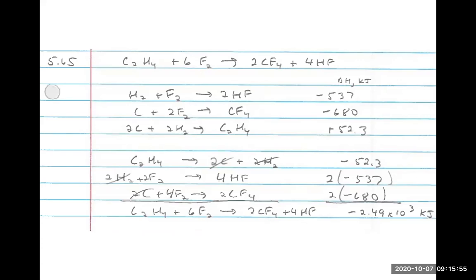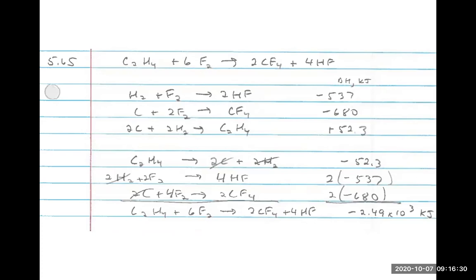So there's a lot going on here. The key thing is, before you worry about the numbers, you have to get these intermediate reactions set up, first of all, if they're going the correct way. So the third one, the 2C plus 2H2 going to C2H4, that reaction's going the wrong way. So I had to flip that around. That was the first thing. Then it goes back to managing the coefficients so that everything's going to cancel out and come to that final reaction.